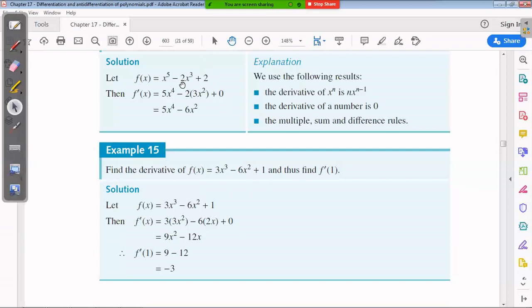But whenever 2 is multiplying with a variable, we have to write it as 2, and we cannot take its derivative as 0. When 2 is alone, there is no number with it, it means that this whole term is a constant, and then the derivative of 2 is 0. But whenever 2 is multiplying with any variable term, we write the 2 as it is, and then we take the derivative of the variable term.